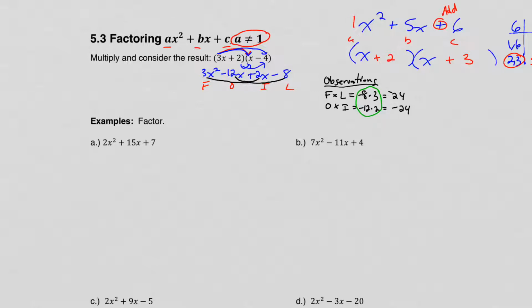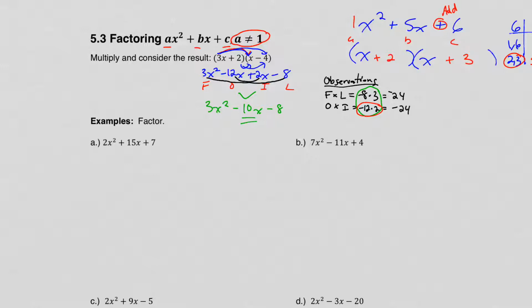But notice that out of those factors of 24, and if we finish this, this is going to be 3x squared minus 10x minus 8. So notice that out of the factors of 24, what we need for an answer would be negative 12 and 2, because that's what makes the negative 10.